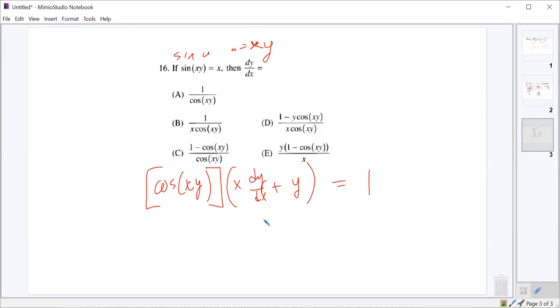And then it looks like we can divide by the cosine of xy, subtract y, and then divide everything by x.